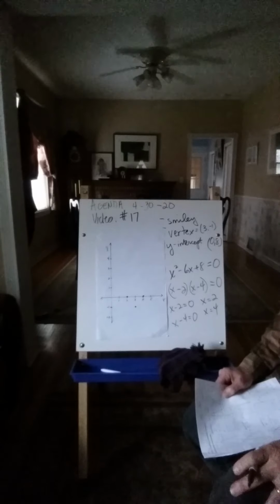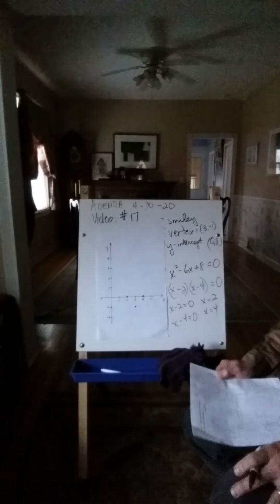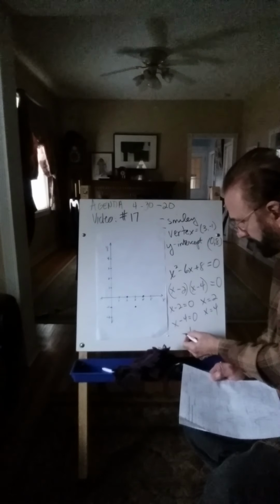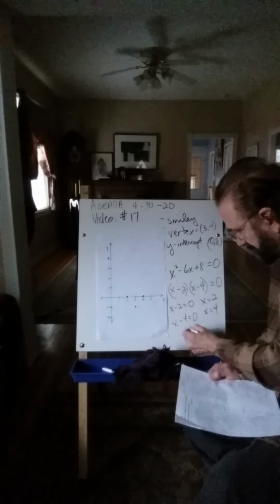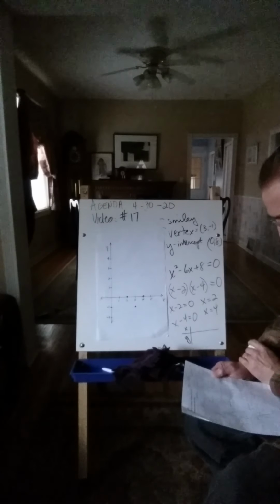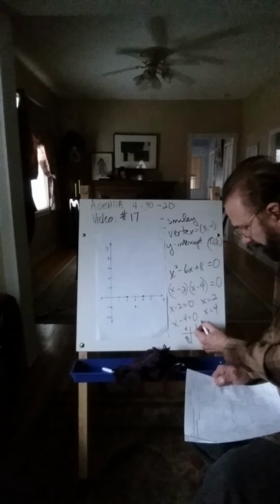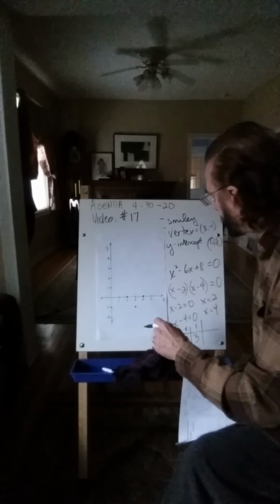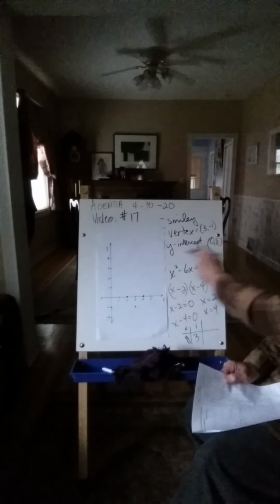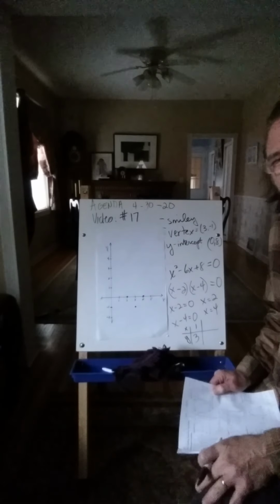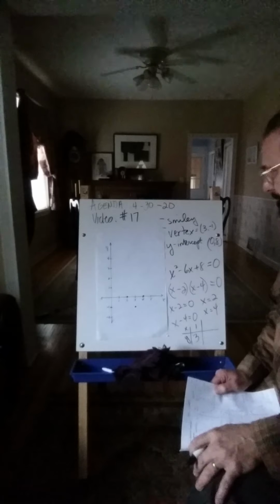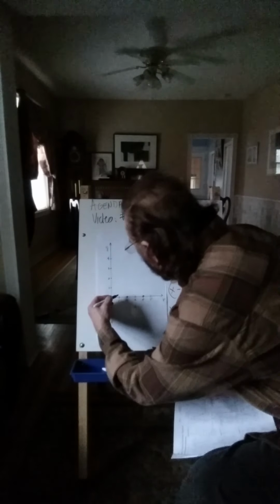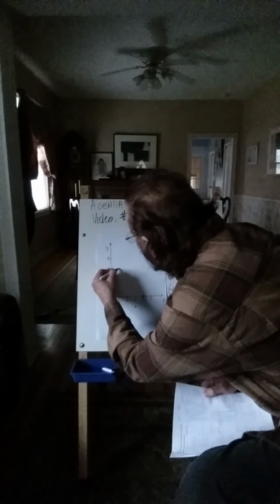And I did say earlier that when x was 1, y was 3. So that's another point. Oh, by the way, the 0, 8 is off the chart, so it's really not going to help me, that y-intercept. But look at this, 1 and 3 goes right here.